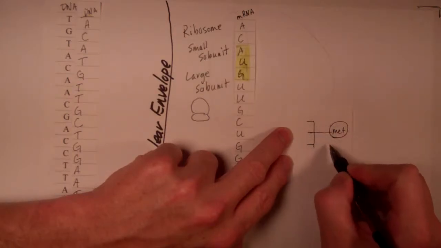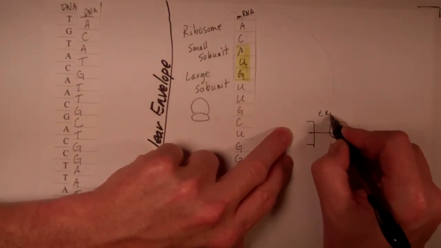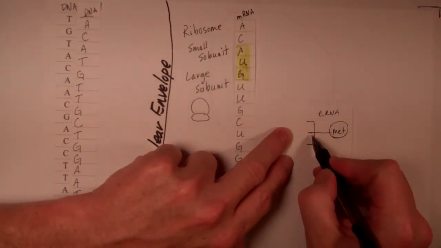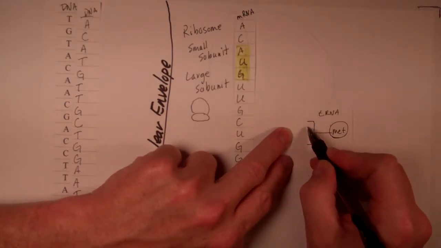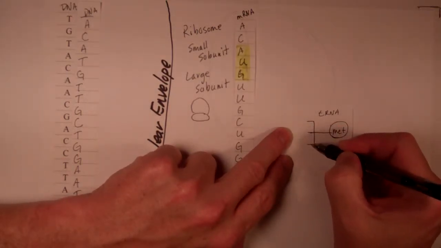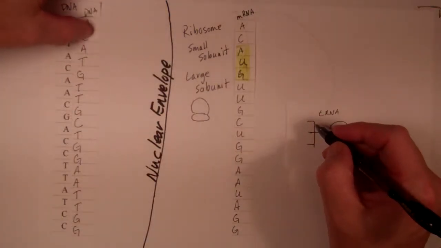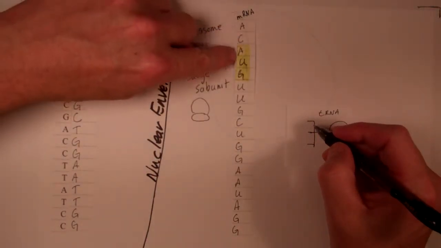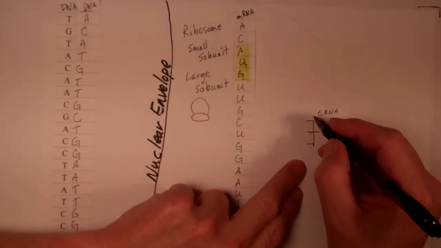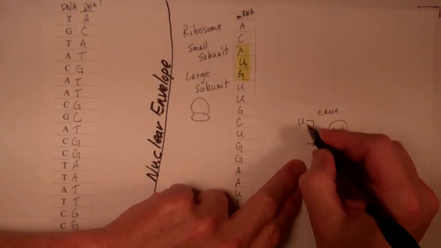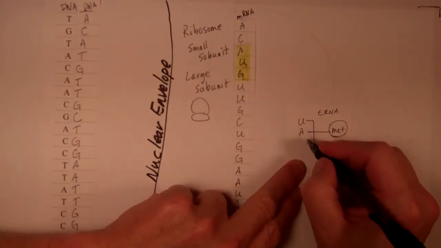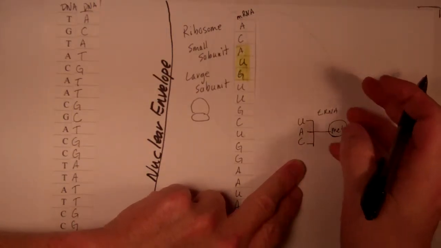So here we have our tRNA. It only has a 3 base sequence on it, and that sequence is going to end up being the complement to this sequence here. So we'd end up having U, A, C.